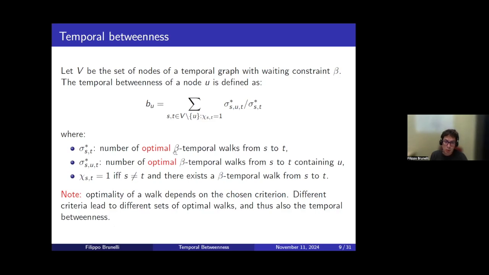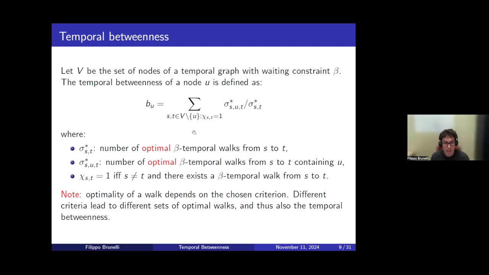But it's important to notice that based on the type of criteria that we choose, the optimal walks are different sets, of course. And this means that also the temporal betweenness of the nodes is going to be different based on what we are working on.